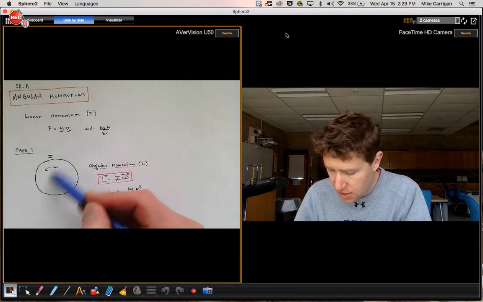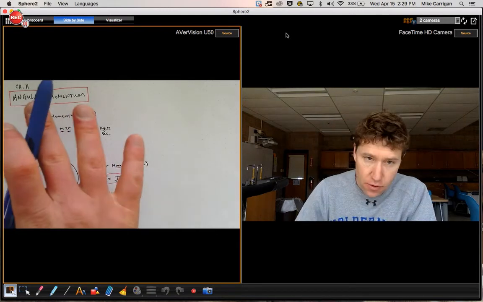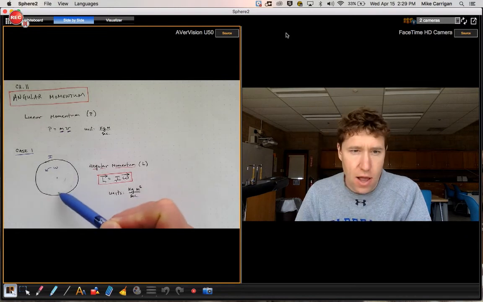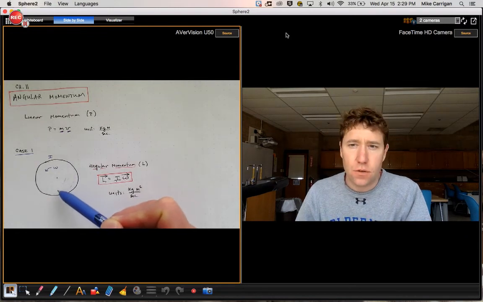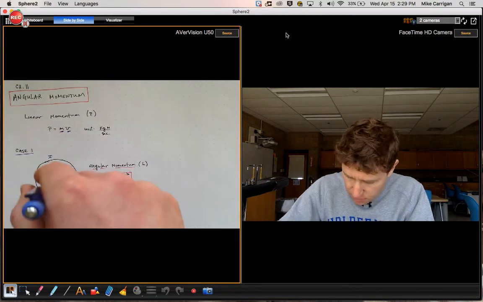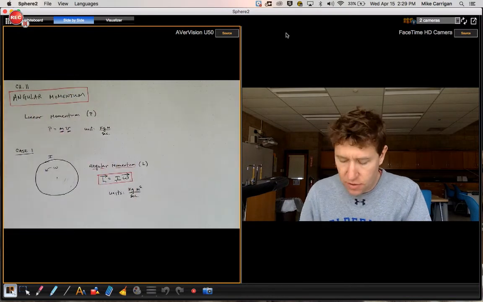So if this is a top-down view of this turntable or merry-go-round, the direction of the vector is going to be either into the page. If this were an XY plane, we could think of that as the Z direction.